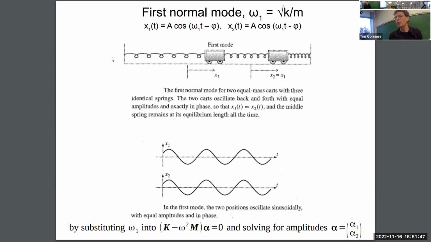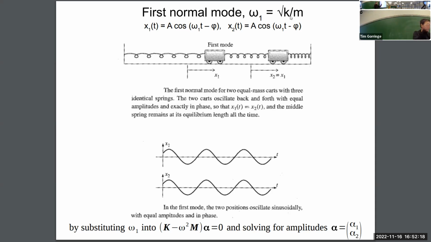Okay, so on this slide and the next slide, I'm just showing you pictures of these normal modes. In this lower frequency normal mode, the frequency is simply the square root of the spring constant divided by the mass. The two masses will oscillate in phase to and fro about their equilibrium points.